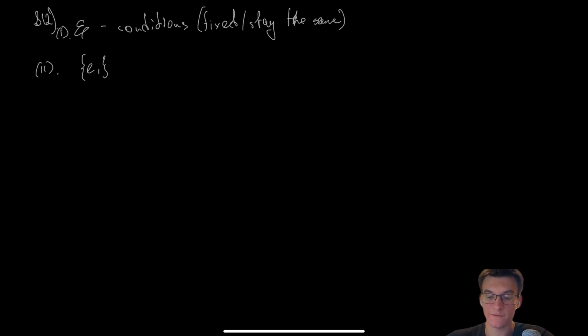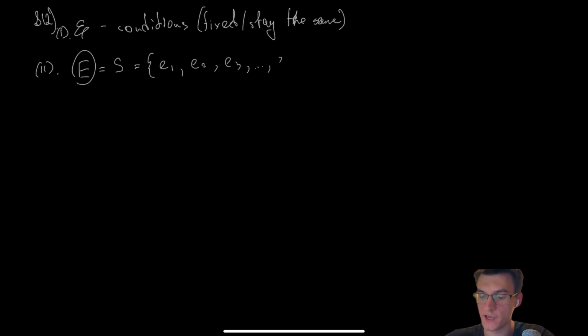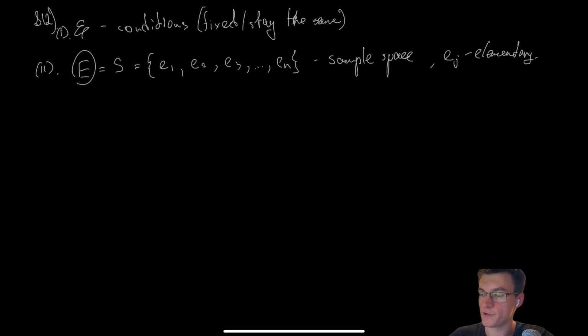And let's say we have a set which contains these sets. The sample space, which is sometimes denoted as E or S, equals the set of sets E1, E2, E3, and so on until En. This is the sample space, where Ei is just an elementary event, which equals the outcome of this event.